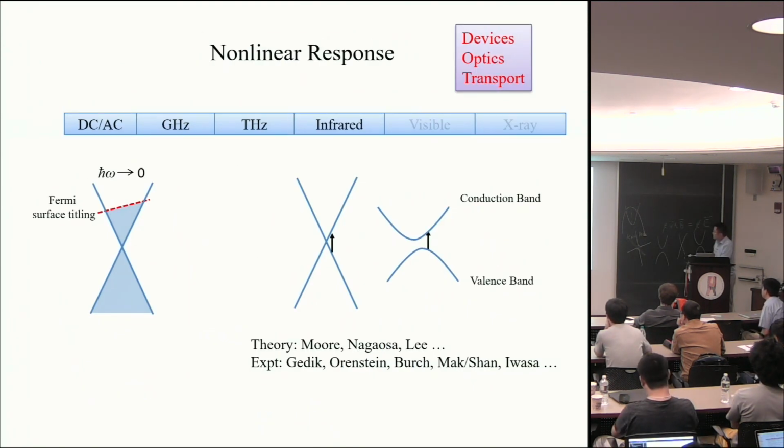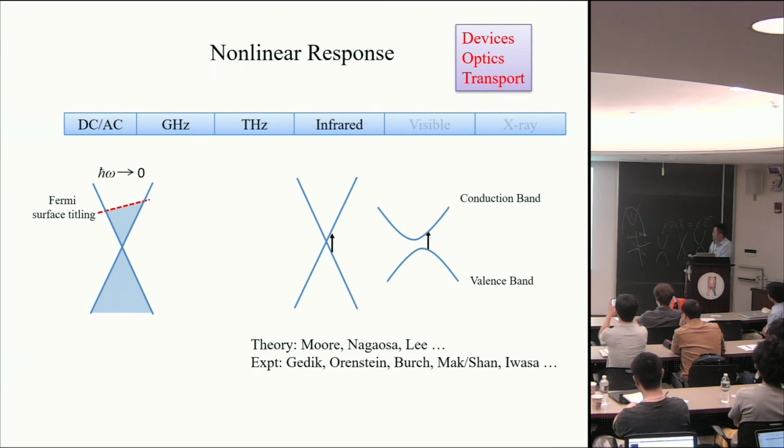So basically, to summarize this part, there's nowadays a lot of interest in nonlinear response in semimetals and topological materials, and the optical community has been mostly focusing on things like SHG, etc., in the visible range, in the infrared range, and these effects usually come from interband transition, right?